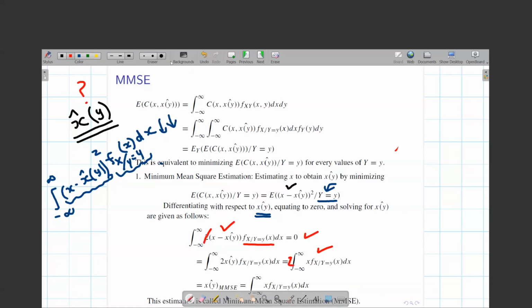We can remove the 2, because that is equated to 0 only. So here this 2 will not come. Now it is the integral from minus infinity to plus infinity of (x minus x cap of y) times f of x given y equal to y of x. Taking x times the density on the right-hand side, and on the left side we have x cap of y.